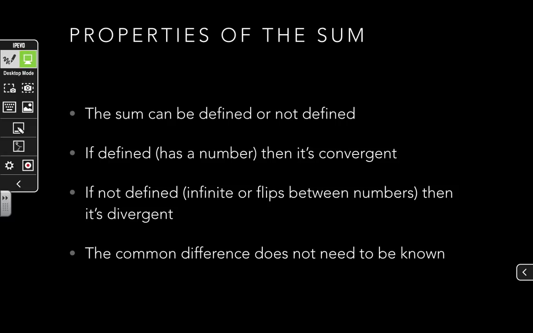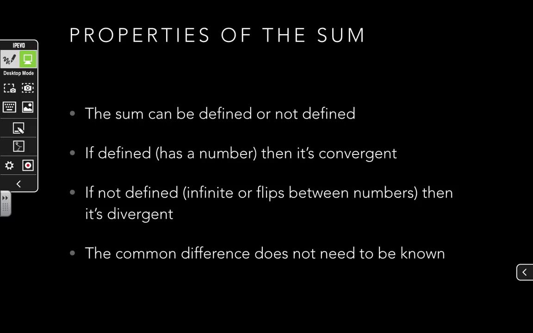The properties of this sum are that the sum can be defined, it can be a number, or not defined. When we speak of not defined, that is more or less an infinite sum that cannot be defined. If it is defined, which is true for all finite sequences, it can be defined as such.